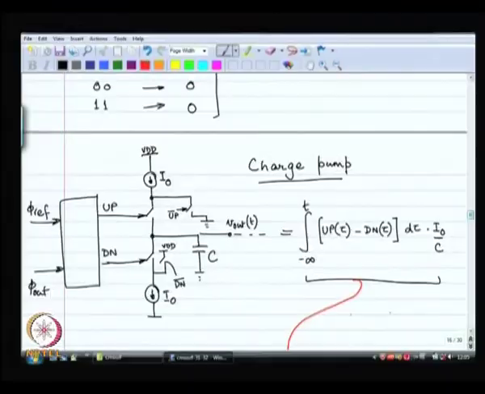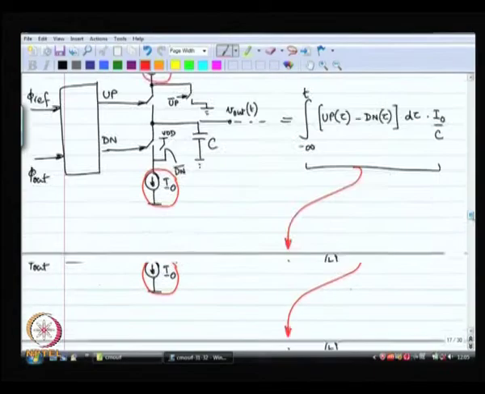Unfortunately, this is not the case, right. Up and down are high together for a brief amount of time. Unfortunately, these two current sources I 0 and I 0 are never going to be exactly equal to each other. What does that mean as far as we are concerned?